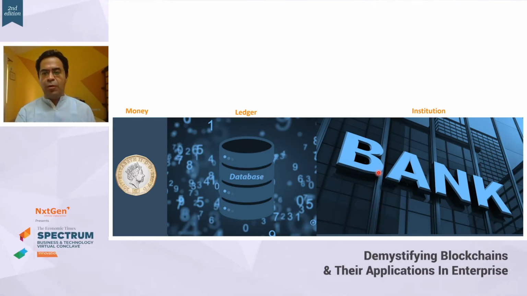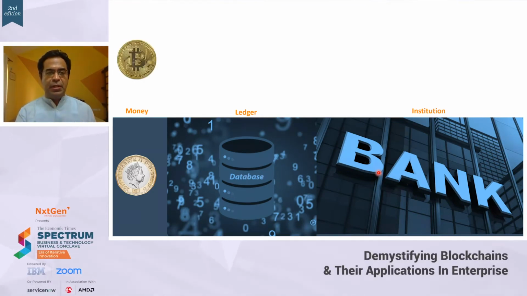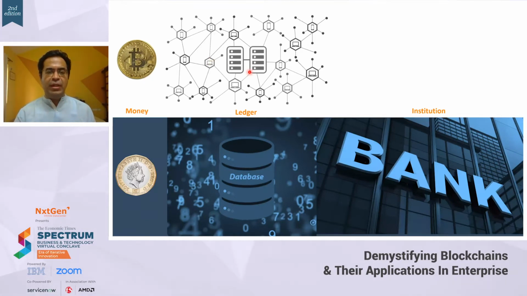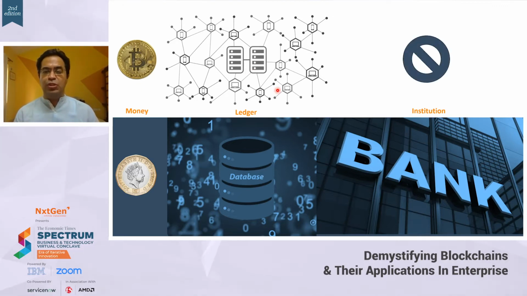What they had done was take the traditional financial system, where money was created by entries in a database owned and operated by banks, and the paper ended up creating a new form of money where the ledger was not controlled by any single entity, but was a public ledger where anybody could join and help maintain it, and therefore there was no need for an institution. So that is really the history of this technology.